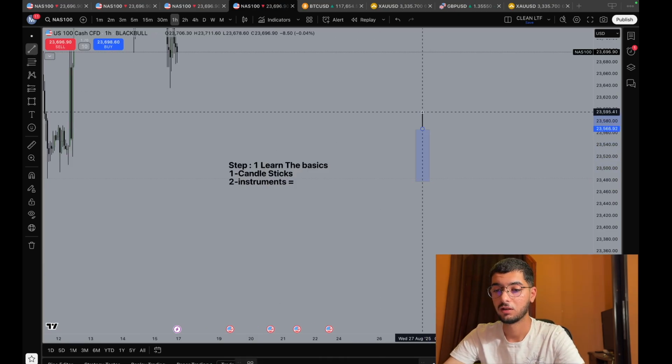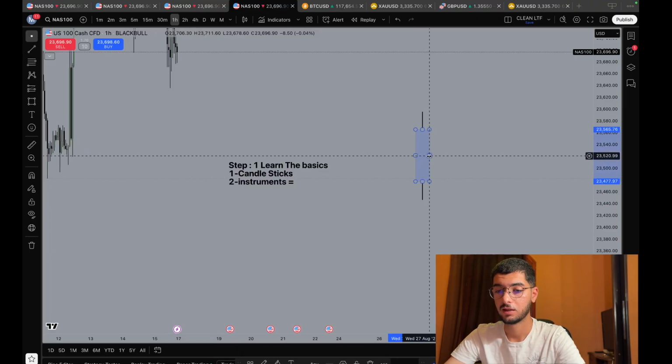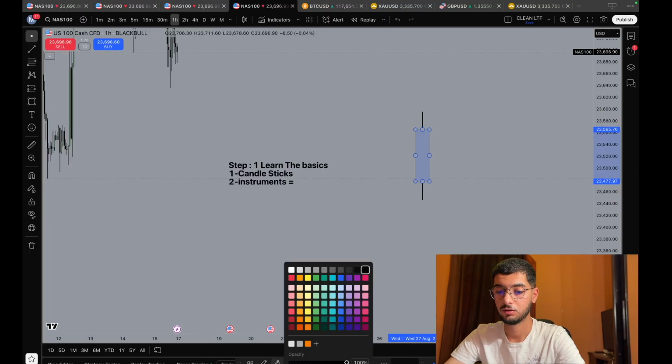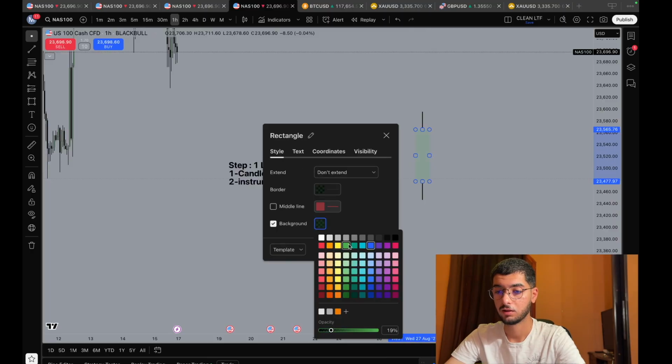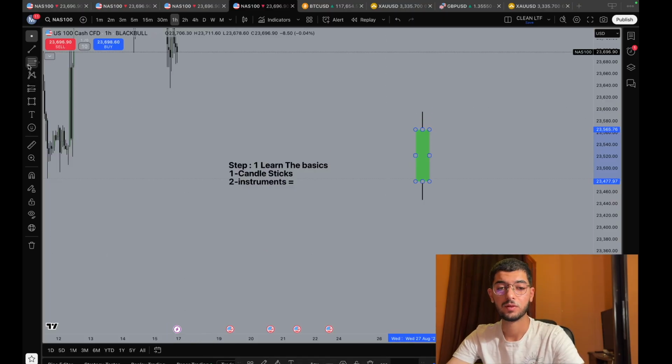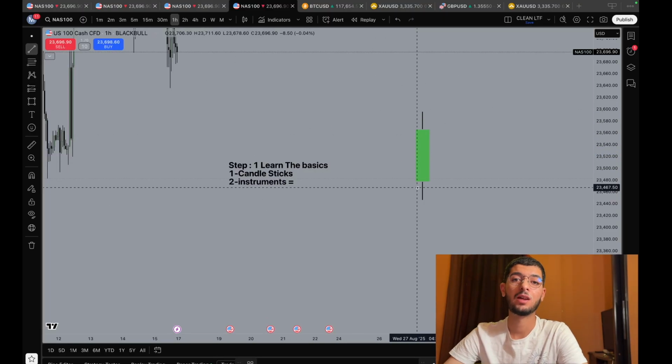Let me try to make it look as perfect as possible. So let's say this is a bullish candle. I need to paint this box. Okay, background, let's pick green. Let's make it as green as possible. So what are the components of a bullish candle?